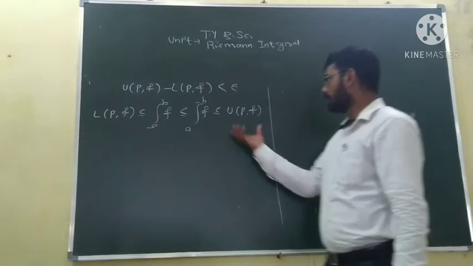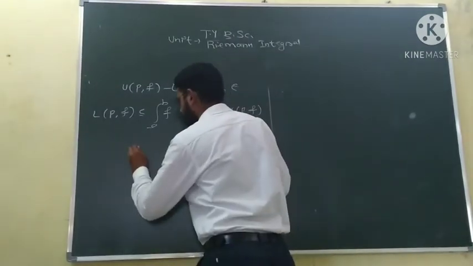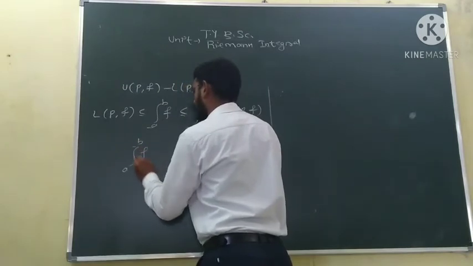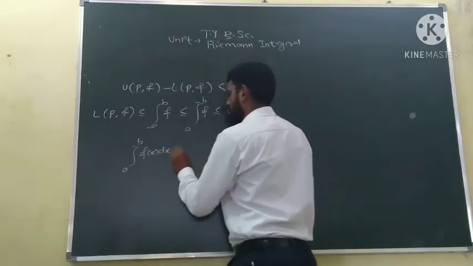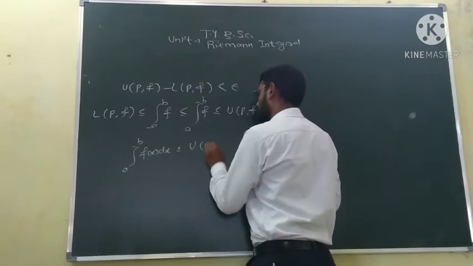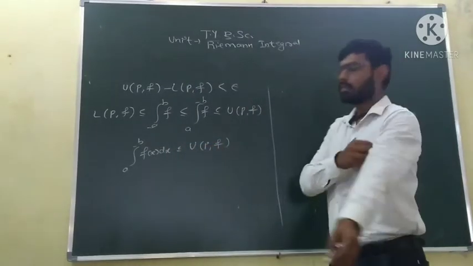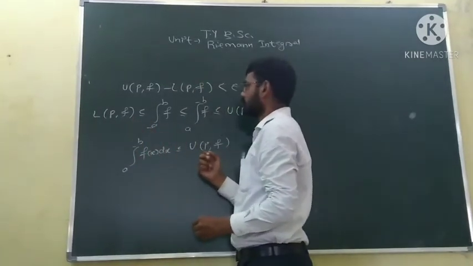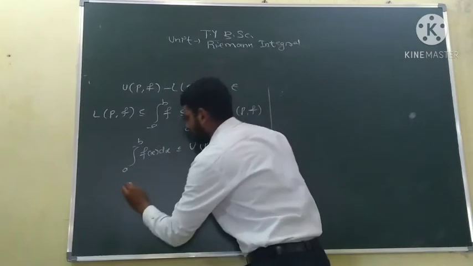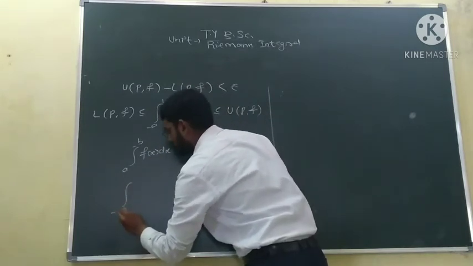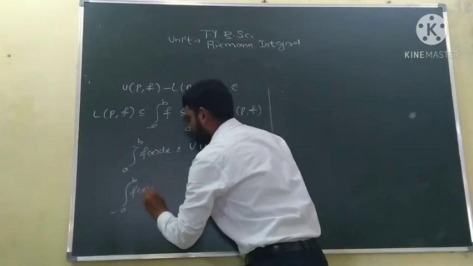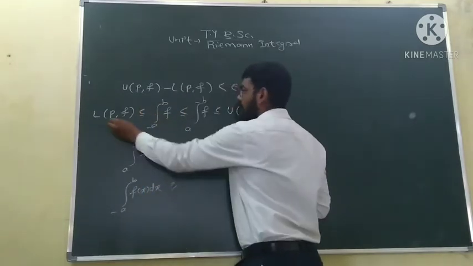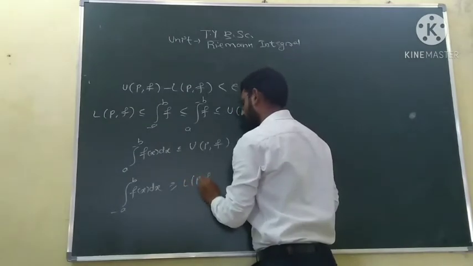Now from this we can write that the upper integral of the function is less than or equal to upper sum. Also from here we can write that the lower integral of the function is greater than or equal to lower sum.